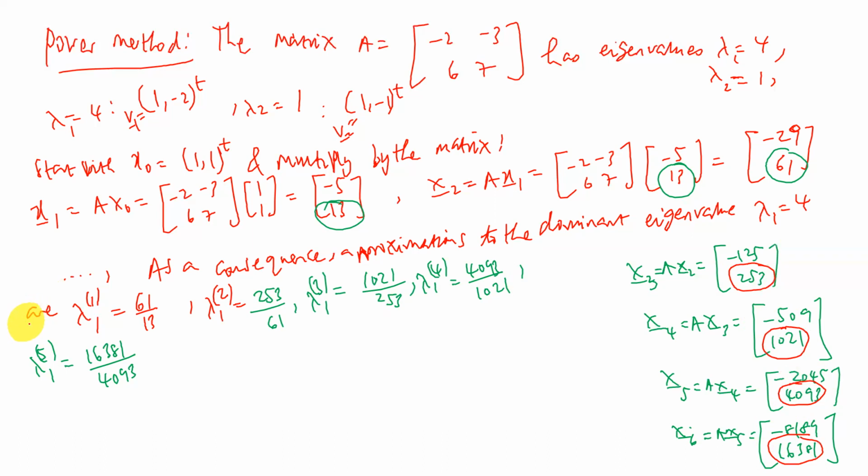Right, so we have that. I'll just mention more details here. Moreover, so we're saying as a consequence, these are the approximations to the dominant eigenvalue.